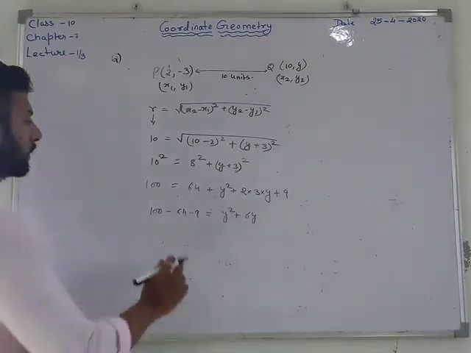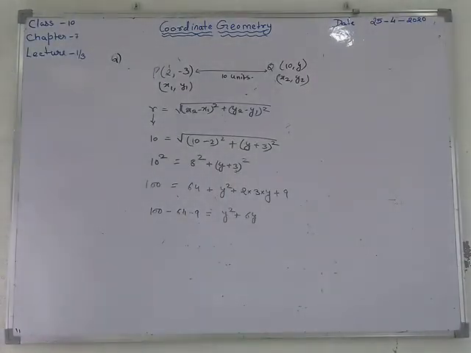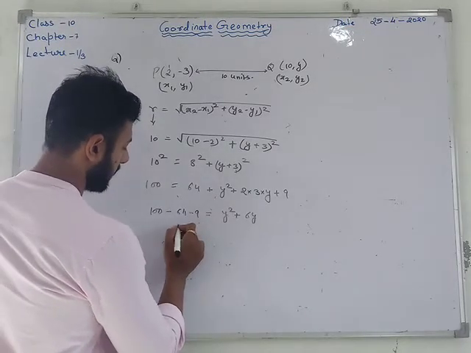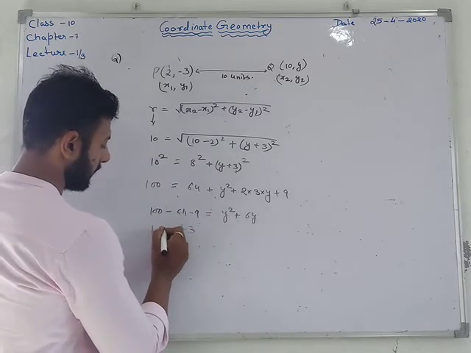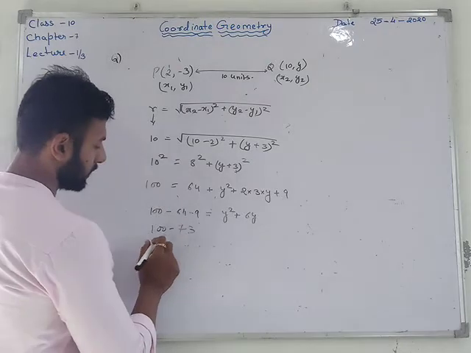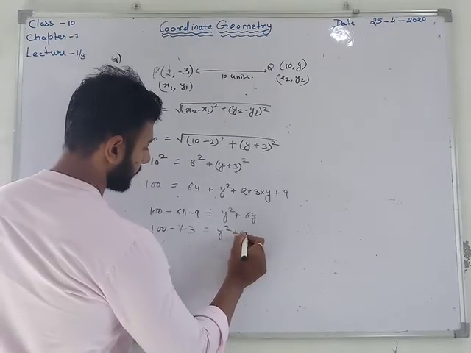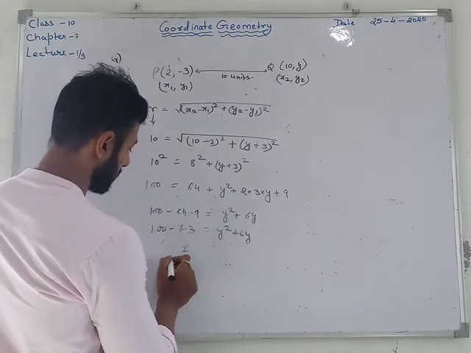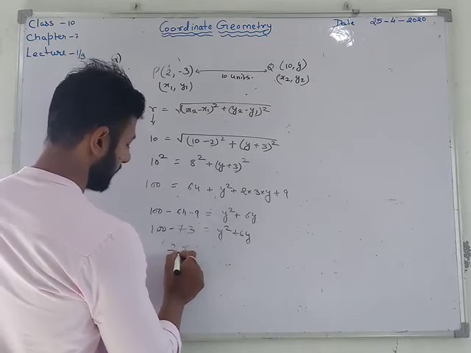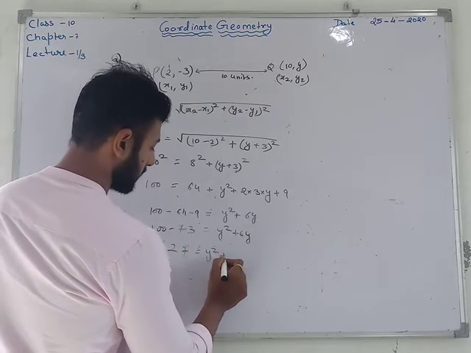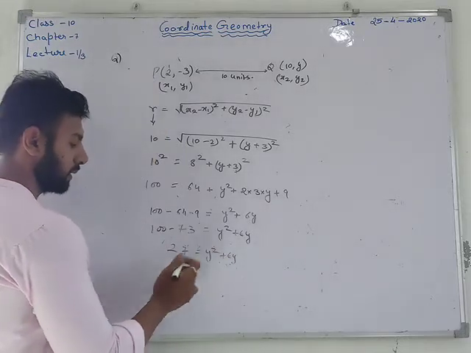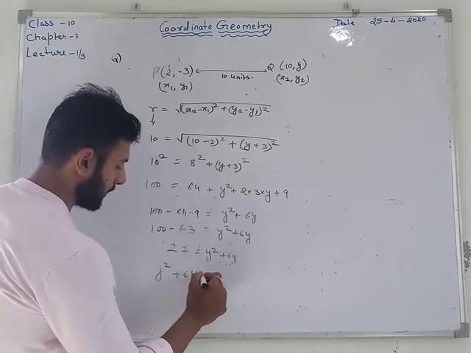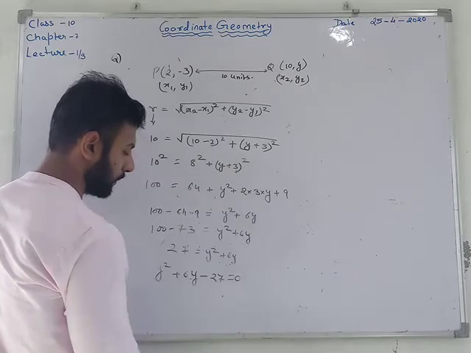Solving this, 64 plus 9 will be 73. 100 minus 73, solving this, we will be getting 27 equals y square plus 6y. Taking this 27 on the right hand side, y square plus 6y minus 27 is equal to 0.